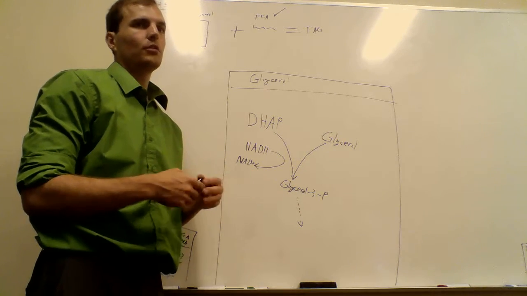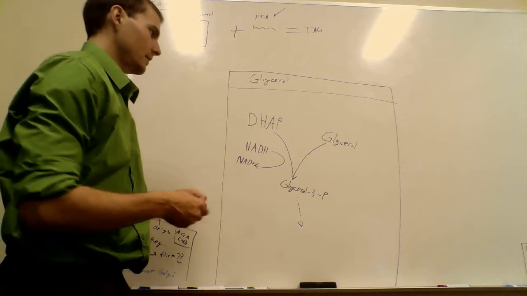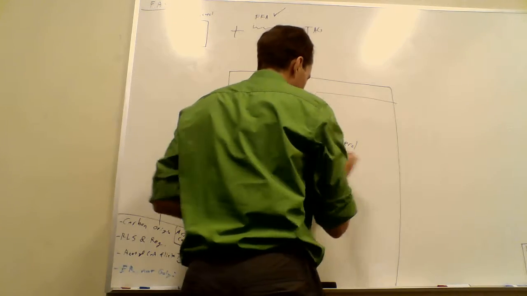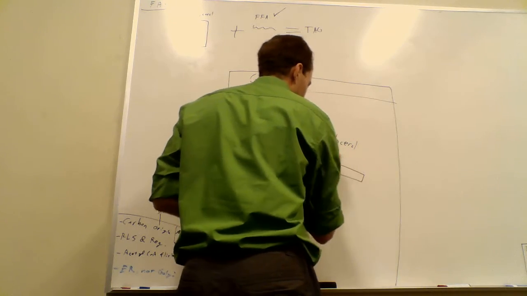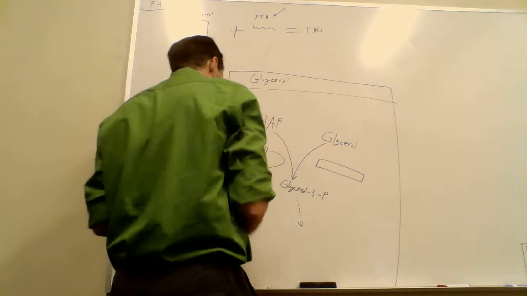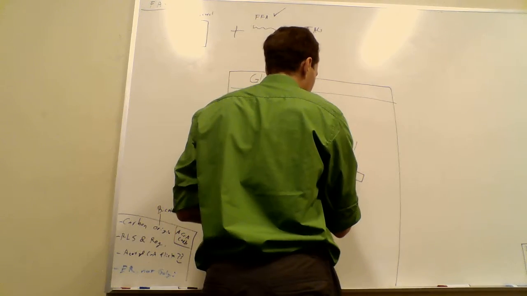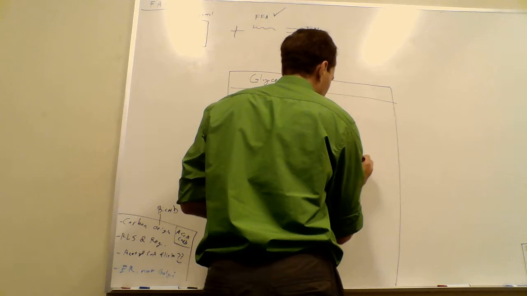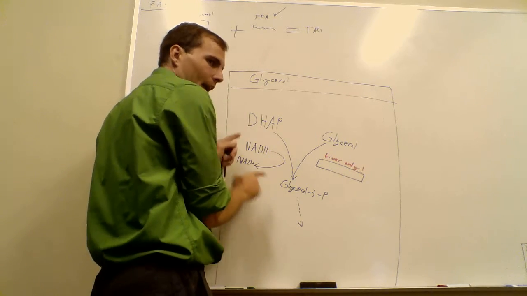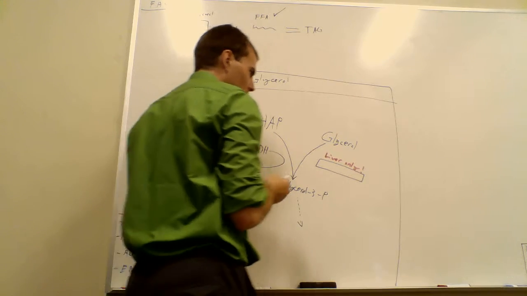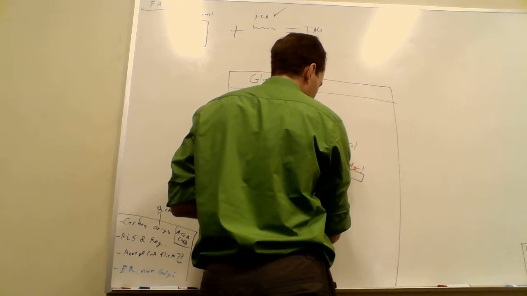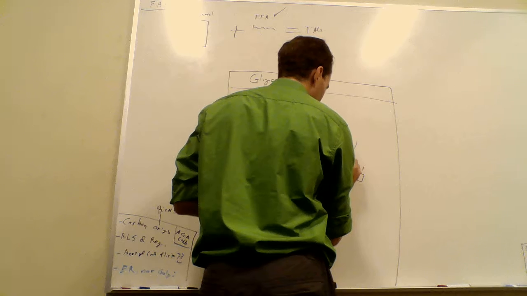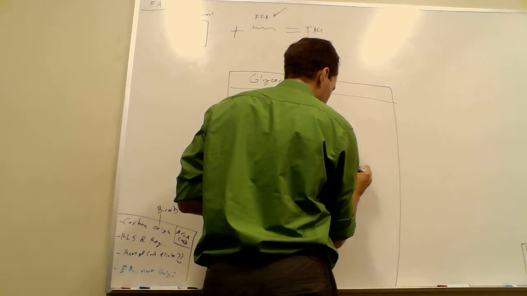Can that only be done in the liver with glycerol? Yes, and that is what we're going to put right here, the enzyme that is only found in the liver, which is glycerol kinase. Liver only. This other pathway, fat and liver can do it. This one, just the liver. And this one is glycerol kinase.